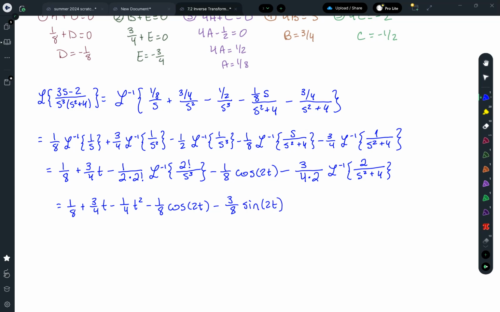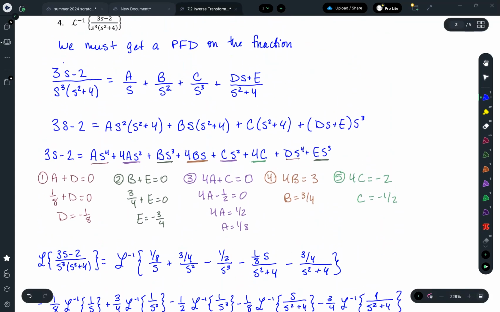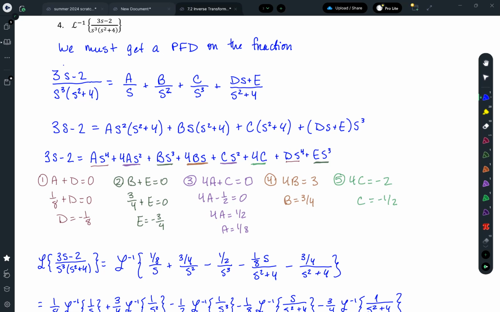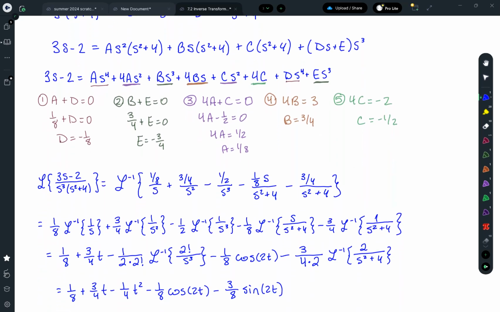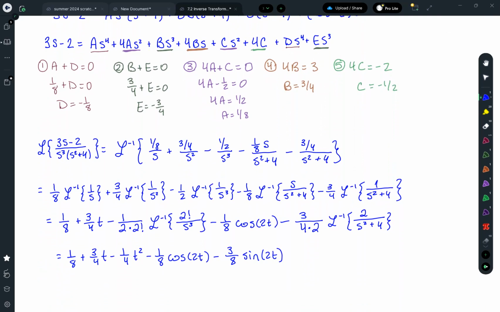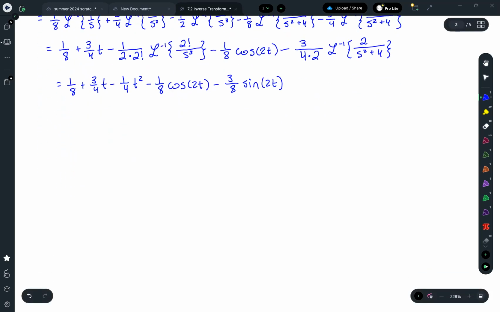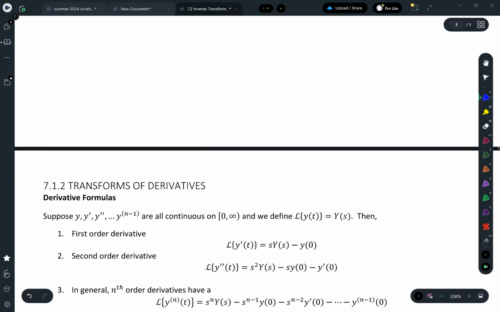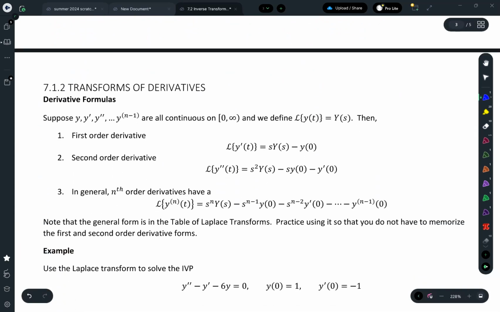That's done. So that was actually a lot of work, having to do a partial fraction decomposition in there, and then having to use linearity to write things out correctly, and then do some minor algebra tricks, funny looking ones and such. All right. Next topic is transforms of derivatives.